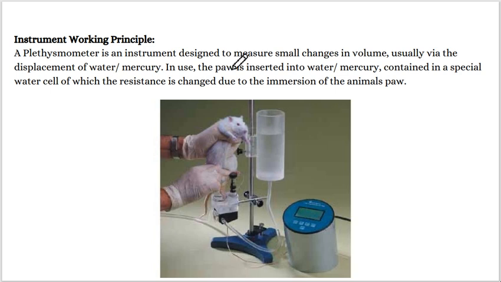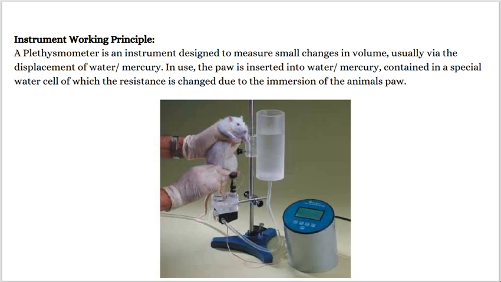In use, the paw is inserted into the water or mercury content in the special cell, in which the resistance is changed due to the immersion of the animal. So this is your plethysmometer. This is generally the equipment wherein there is a water or mercury cell into which the paw of the animal is dipped or immersed to check the change in resistance.